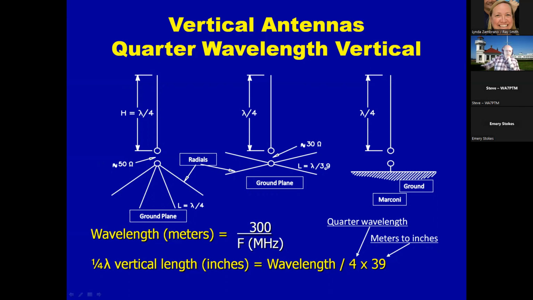So coming up with your length of the actual radiating element there that you can see, the quarter wave is going to be the wavelength divided by 4 instead of 2 now, because it's a quarter wavelength, times the conversion factor of meters to inches of 39.